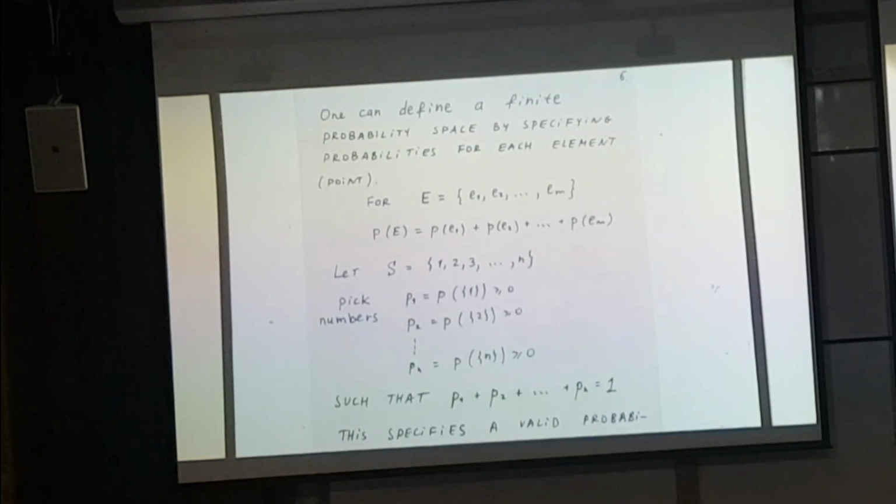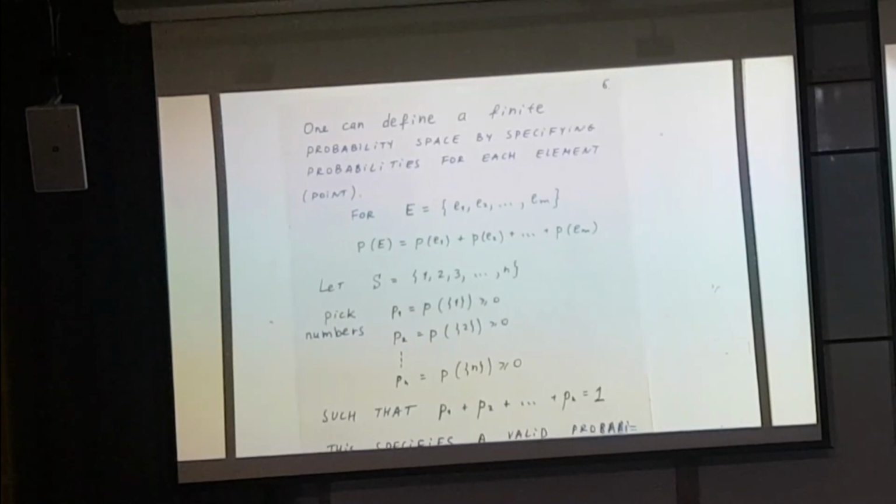So as to satisfy the second axiom, which says that the probability of the entire sample space is 1. If you sum up probabilities for each point, you get the probability of the entire sample space, and that must equal 1. Okay, so that's the condition for specifying a valid probability function.